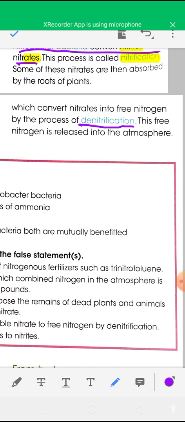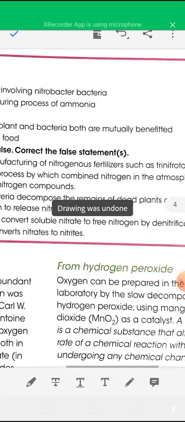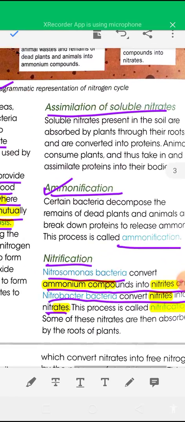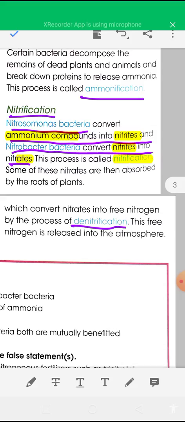The free nitrogen is released into the atmosphere by the process of denitrification. So these are the steps involved in the nitrogen cycle. All terms, all definitions and the name of each type of bacteria, you have to read.